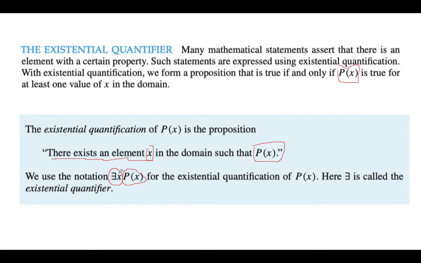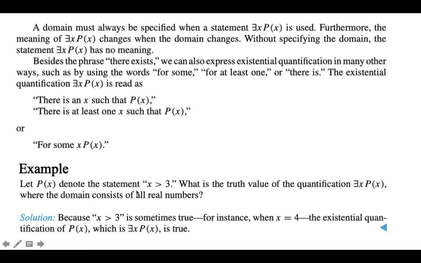All right, so this statement shows there exists x P of x for the existential quantification of P of x. This symbol is called the existential quantifier. This one is the existential quantifier. A domain must always be specified when a statement there exists x P of x is used.